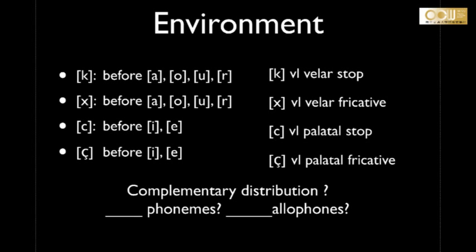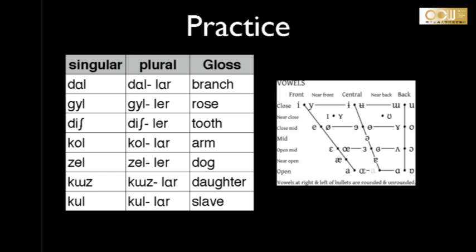Okay, so we conclude that it's very possible that these two are allophones of the same phoneme. And these two are allophones of the same phoneme because you can predict when you're going to get k and when you get ke. Ke, ke, ke. K and k. K, k, k, k.